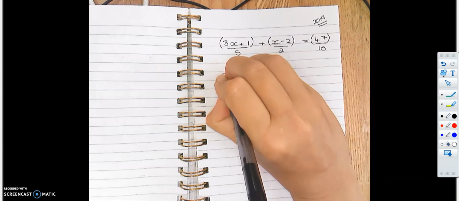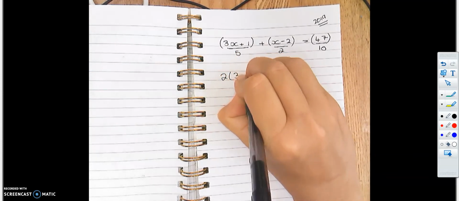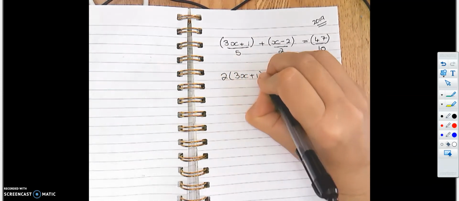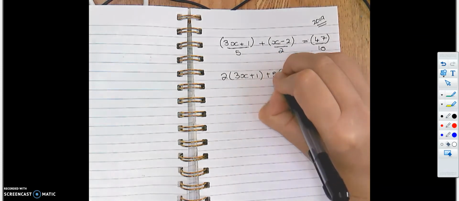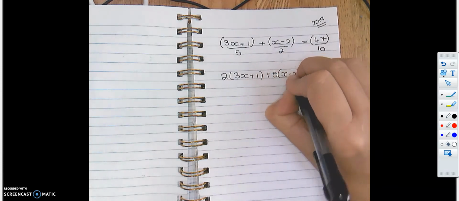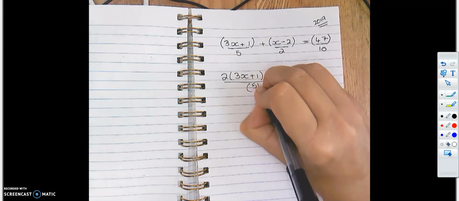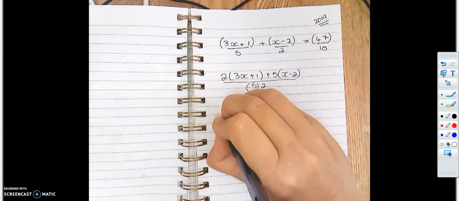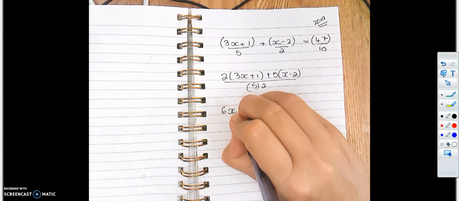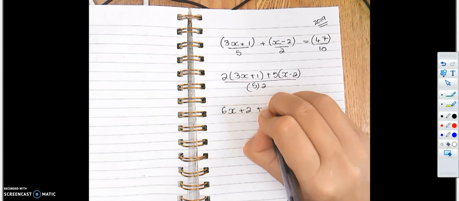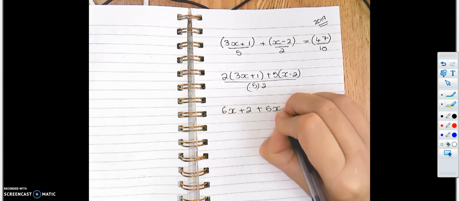So we go 2 times 3x plus 1, 5 times x minus 2 over 5 times 2. Multiply it out, so you get 6x and 2 and 5x minus 10 over 10.